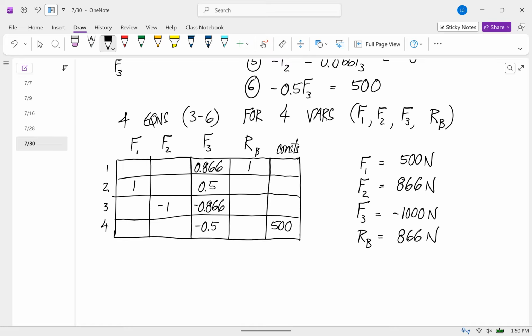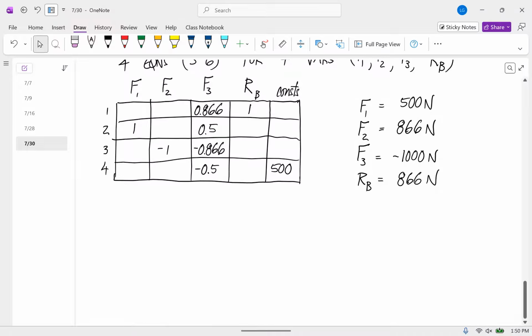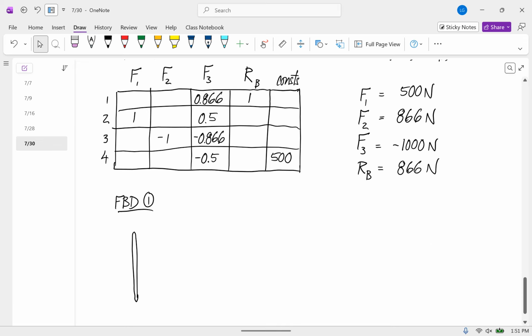Okay, so to solve this problem now, you need to express these members with all their external loads. I like to do that on free body diagrams. So let's think of each of the three members as a free body diagram. So member 1 is that vertical member. And our answer tells us that it's in tension of 500 newtons.